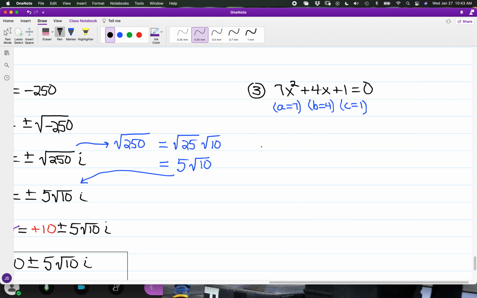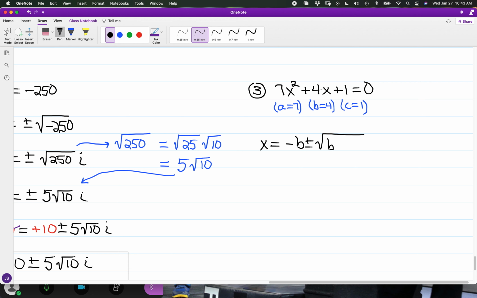So just filling in what we have now. With x, again we have negative b plus or minus the square root of b squared minus 4ac, all over 2a.